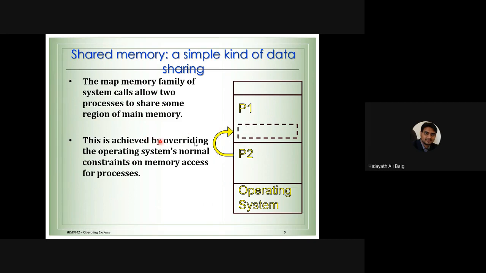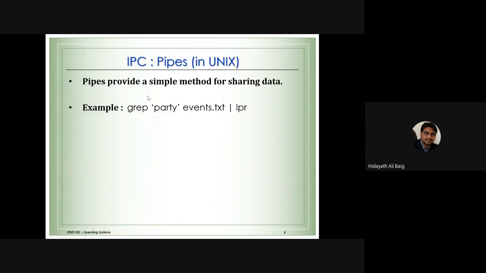This is achieved by overriding the operating system's normal constraint on memory access for the process. Now here, the operating system does not have any role. They are cooperating, they are sharing with each other with the help of this memory map family of system calls. Okay, in Unix, there is a concept called pipe. Remember, this is pipe.